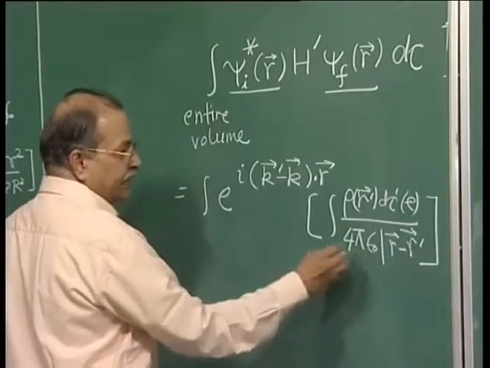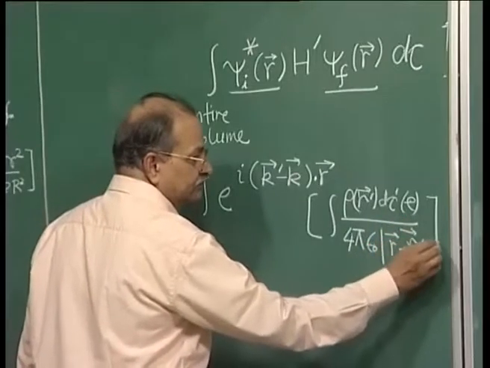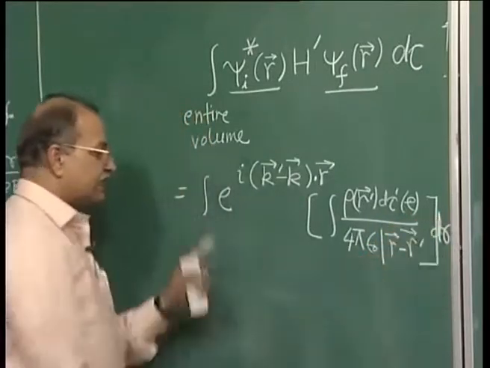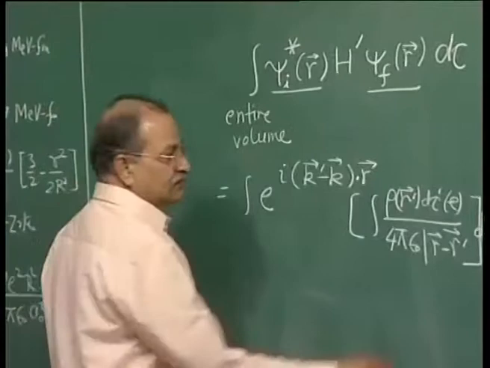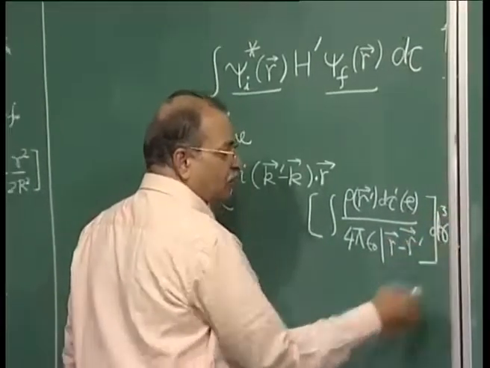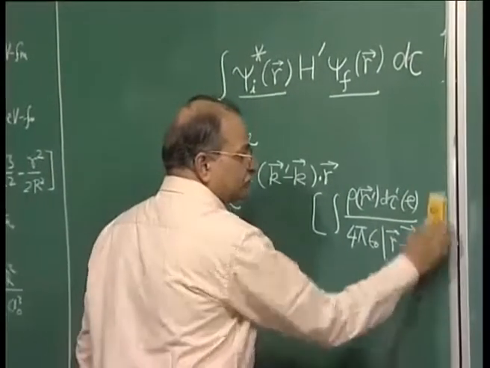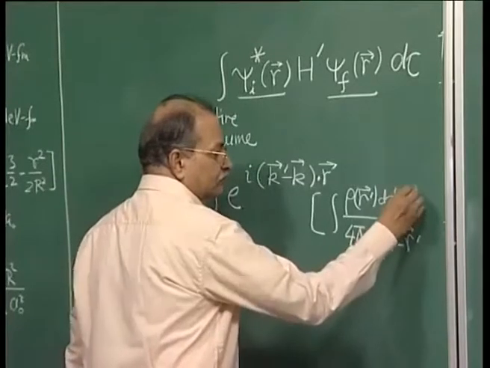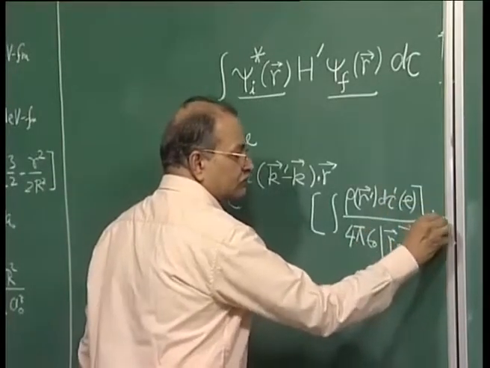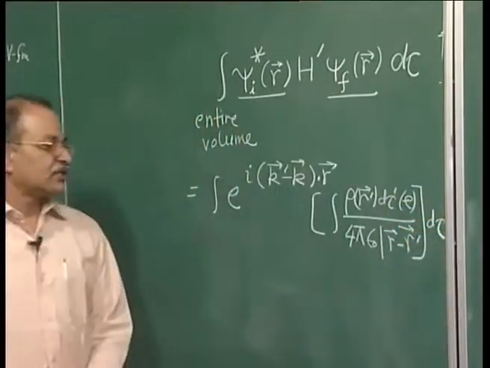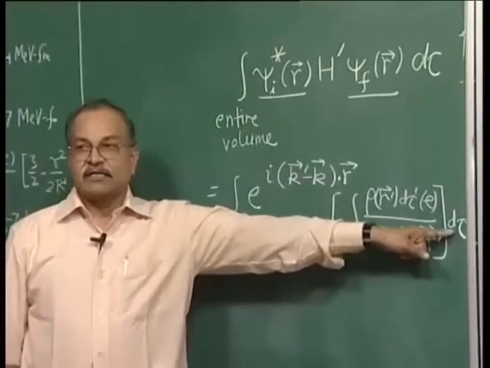So, this and then finally d cube r, or d tau, write it d tau. So, this is integration on r vector, r theta phi.